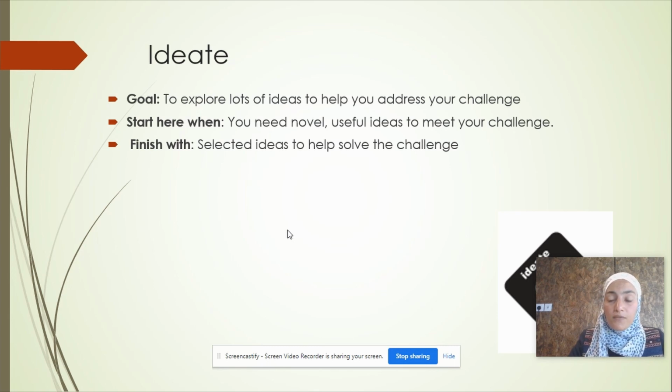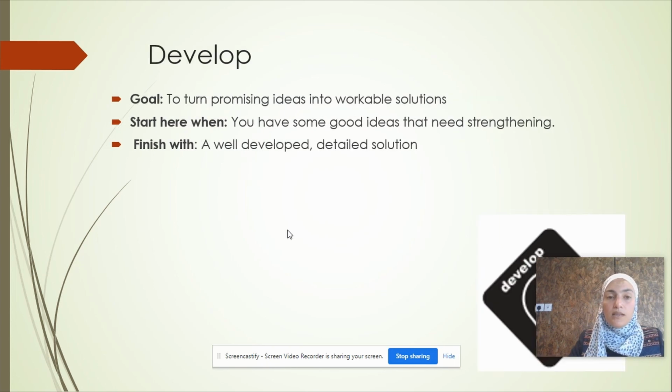So if you state the challenge in an open-ended way, you can start ideating and come up with novel, useful ideas. You finish with selected ideas to help solve that challenge. So here we have diverge and converge. We have to generate ideas and to select some of the good ideas. Develop. Actually, in this stage, you need to articulate what you like about the idea.